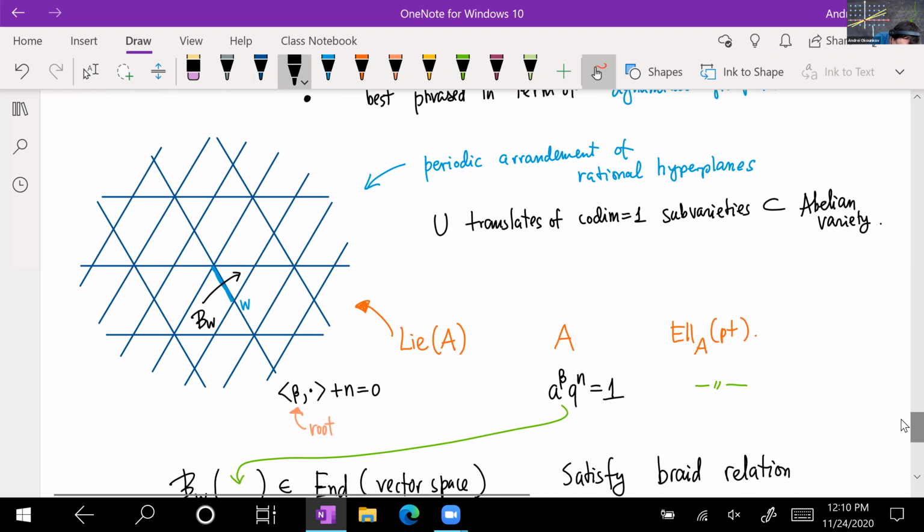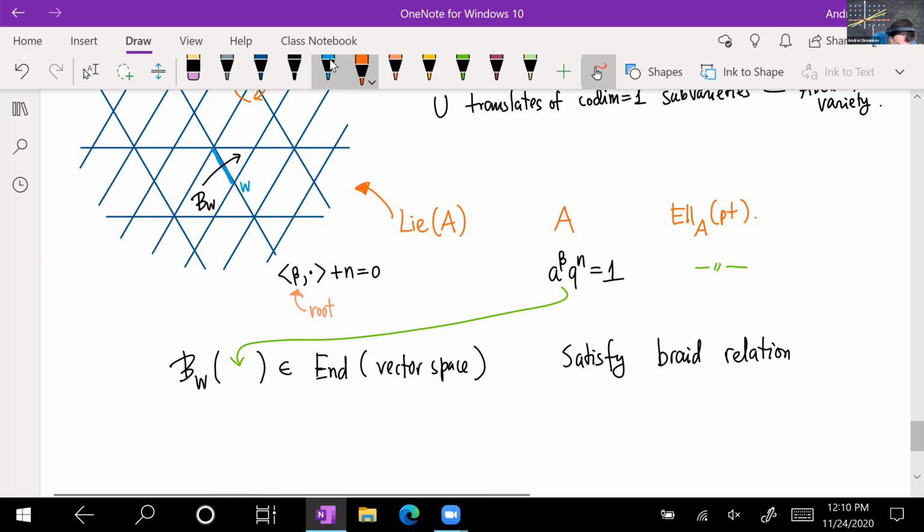So what's a braid relation? A braid relation is that if I go around any closed loop, I have to multiply all these operators. So if I go around a closed loop, I multiply all these operators, I get one.